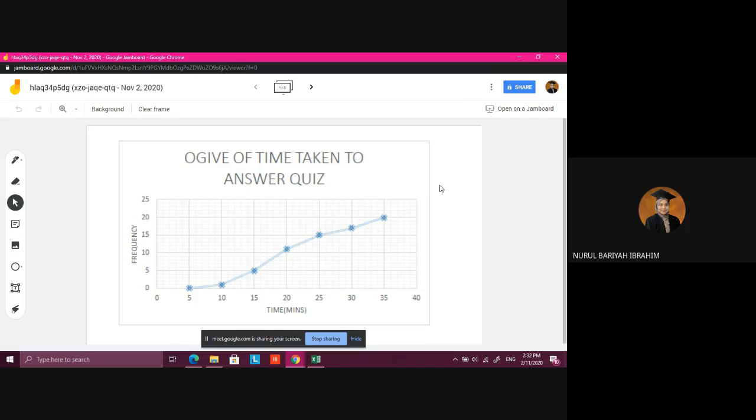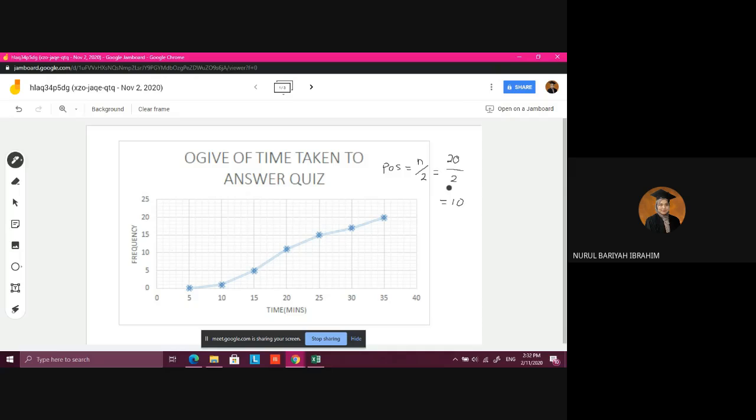Alright, so we have this ogive. How do we find the median using the ogive? First of all, find the position of data first. The position of data is the same as before: n over 2. Here n is the total frequency, 20, divided by 2, so the position will be 10.